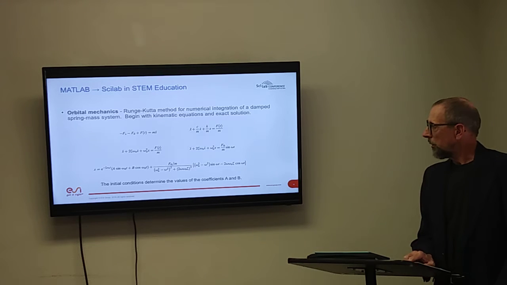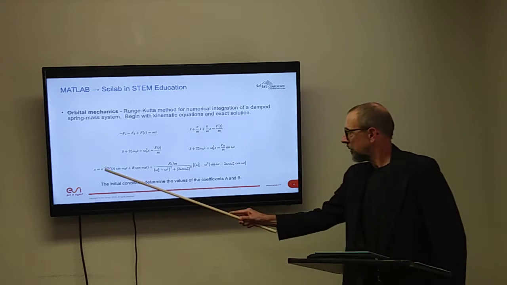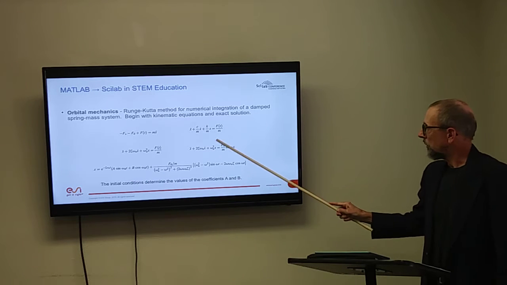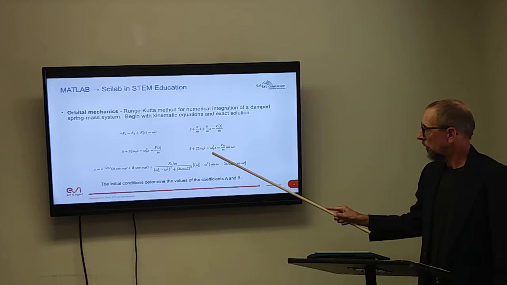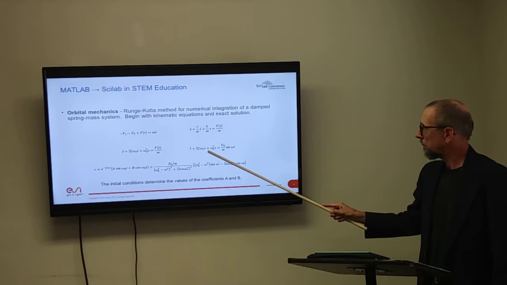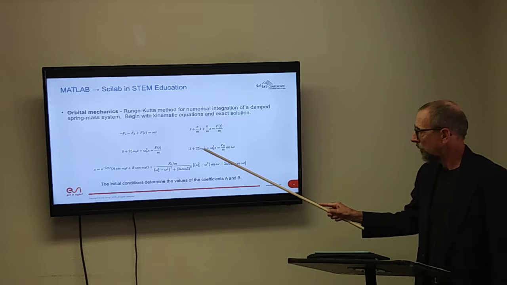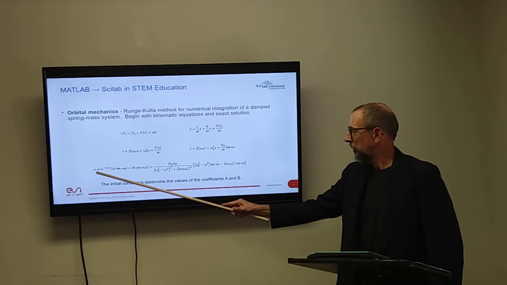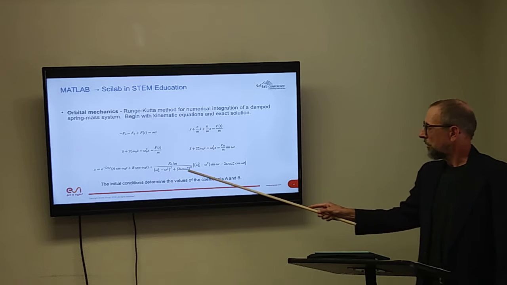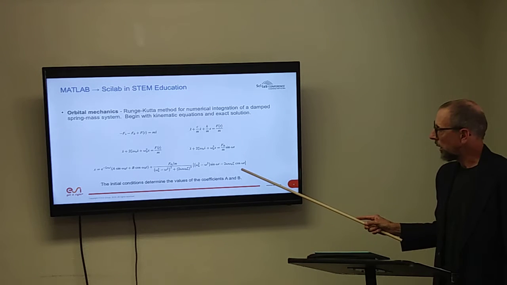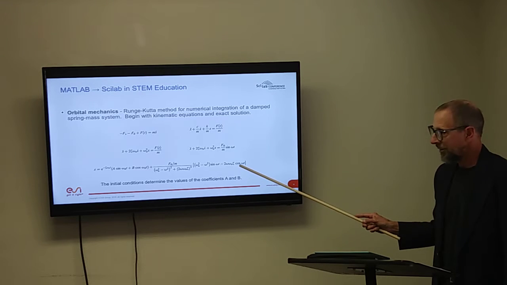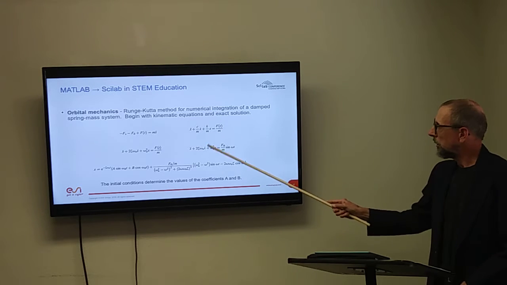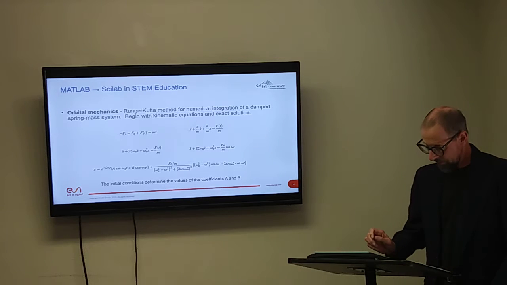So this is the derivation of this. These are 4 equations written on that system and then solved for position. So that position obviously is an extremely complex function as an exact solution to these differential equations.